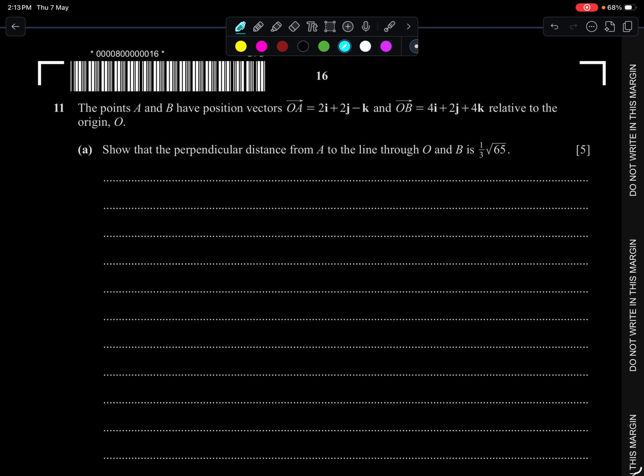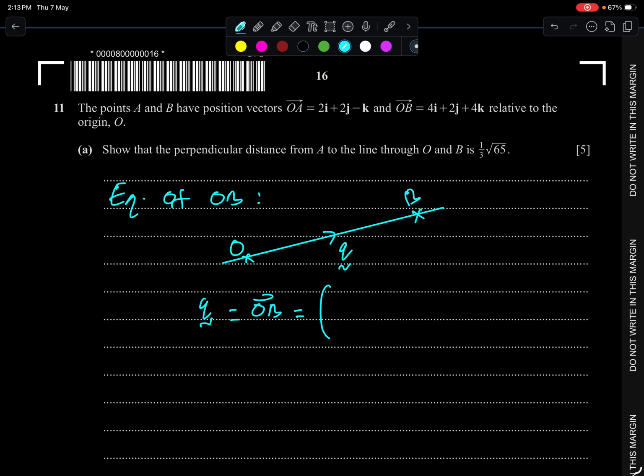First get the equation of line OB. Let's suppose this is B, this is O, this is Q, the direction vector. So Q is OB and OB is (4, 2, 4).